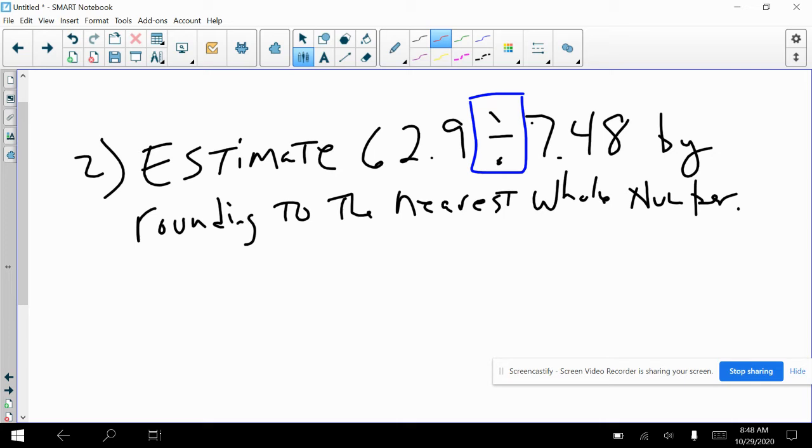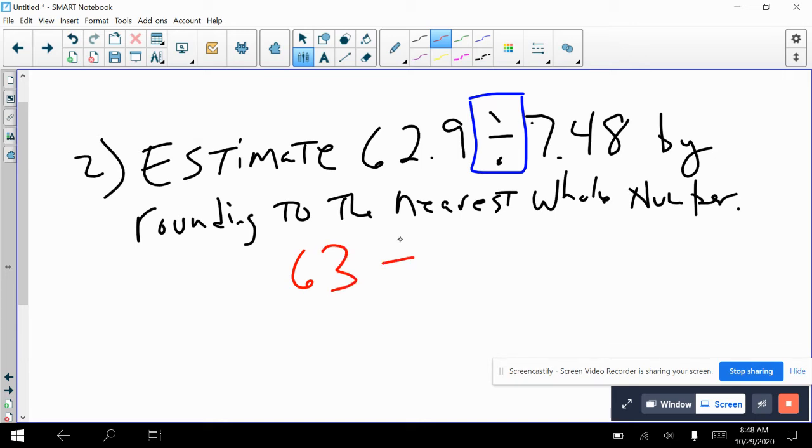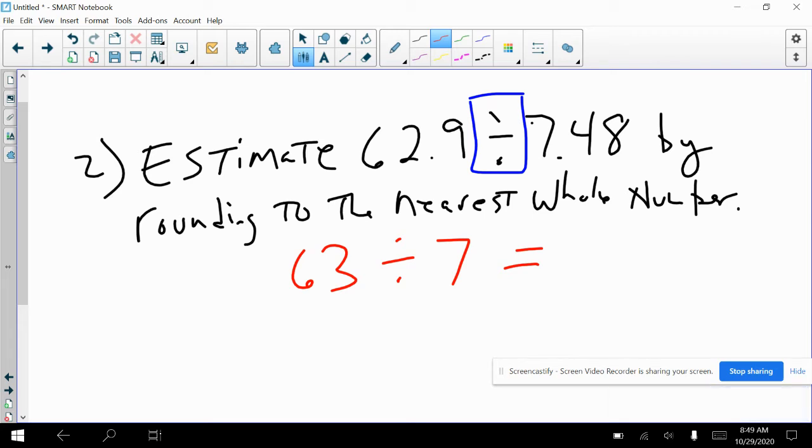Three? Oh, I can't hear you. 63 divided by 7 48/100 to the nearest whole number. Grayson. What is 63 divided by 7? That'd be 9.